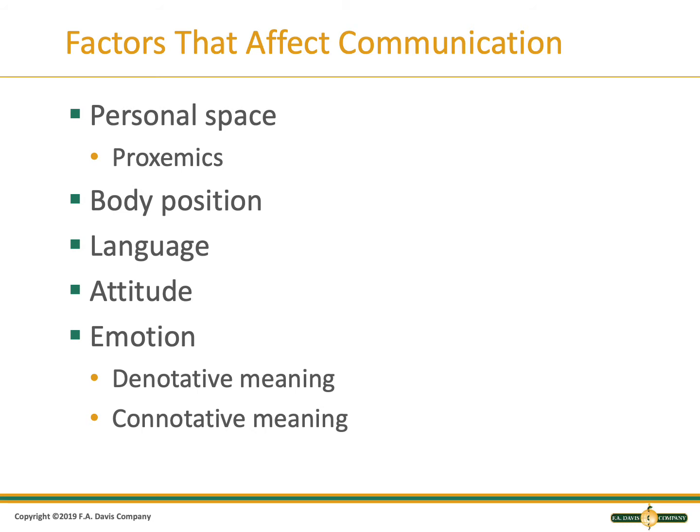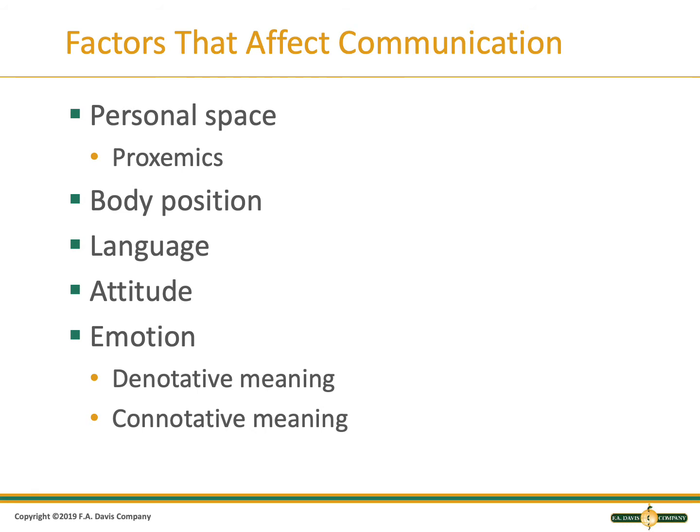Emotions are divided into two meanings. The denotative meaning is the literal meaning, and the connotative meaning is the emotion that can be associated or attached to words. For example, the book uses the three words love, death, and cancer as being very emotionally charged words.